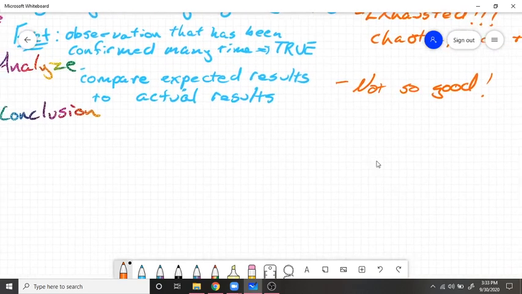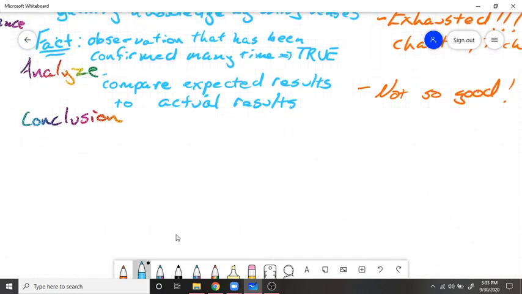So our conclusion that we can make from our experiments, our conclusion is a statement about the truth of the hypothesis.